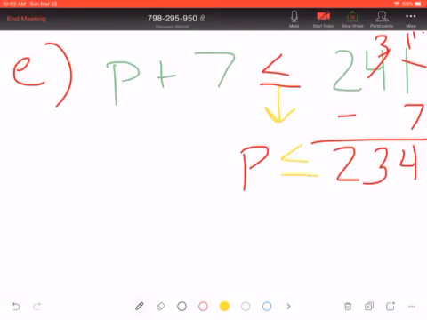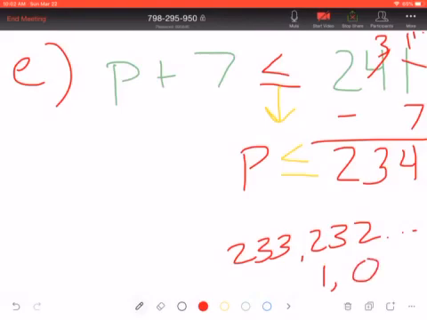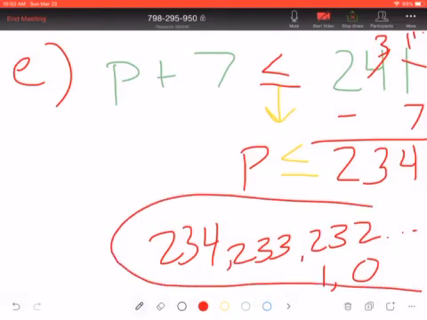So you can have 234, 233, 232, anything goes, dot dot dot, goes on and on, right? You could have all the way down to 1 passenger, you could have 0, so anything that's equal to or less than.